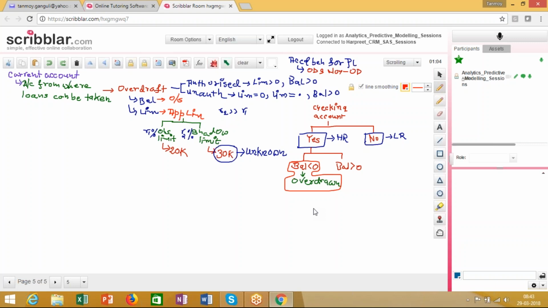Right? So borrowers who have overdrawn current account balances are considered to be the most high risk borrowers.